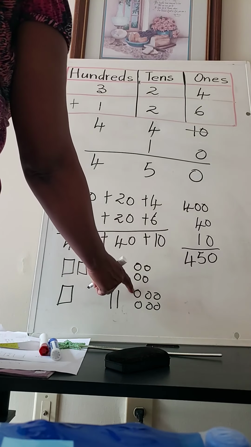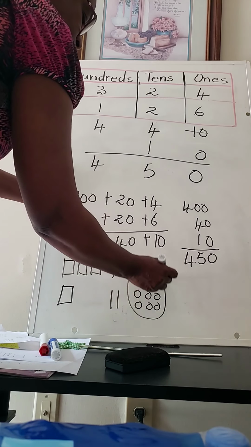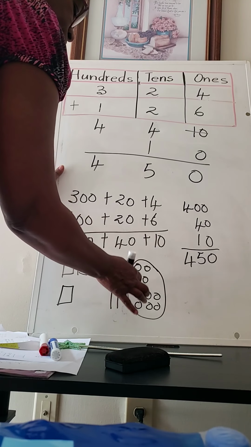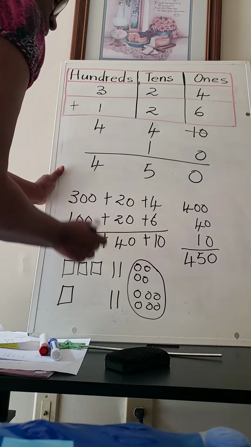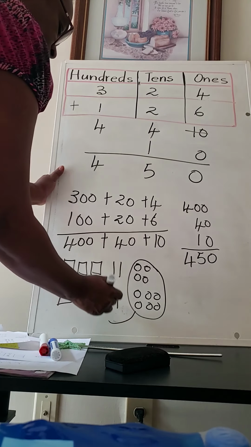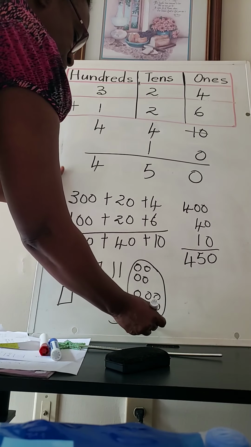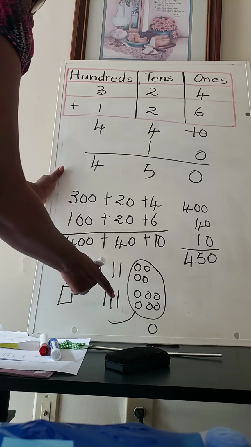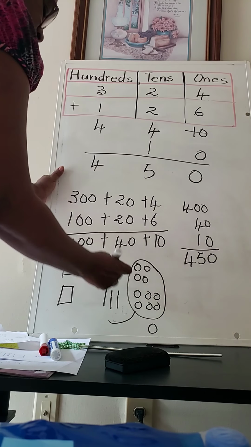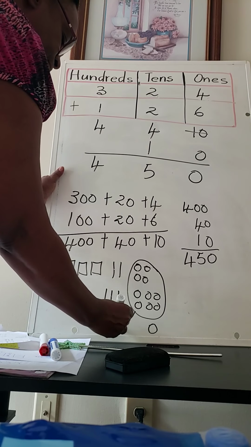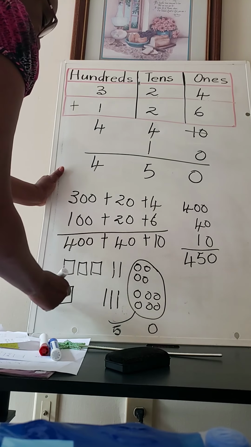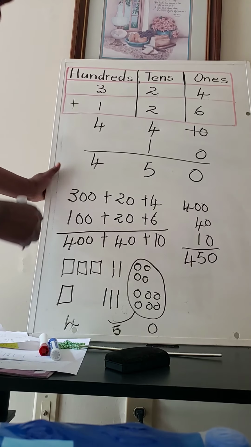So we can make a 10 with our ones because we have 1, 2, 3, 4, 5, 6, 7, 8, 9, 10 ones. And we bring it across to our tens place. And we are left with 0 ones. So now we have 1, 2, 3, 4, 5 tens. 450.